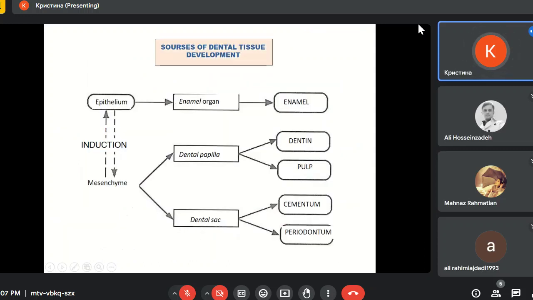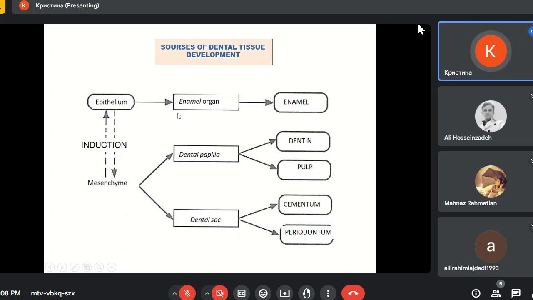So we have two sources of development for all dental tissues: the epithelium of the oral cavity of ectodermal origin and neuromesenchyme. The epithelium and mesenchyme have reciprocal induction. It means that epithelium acts upon mesenchyme cells, and mesenchyme cells in turn act upon epithelium, making each other develop further into next structures.